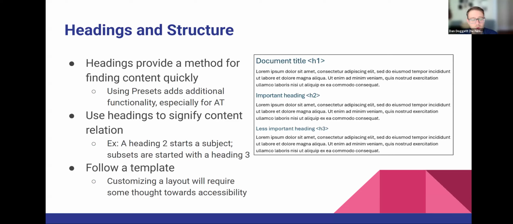It's just going to read the text as normal. So if you don't use the preset headers, screen reader users will not be able to navigate through that content. Generally speaking, we recommend following templates that are provided for you in your newsletter software. That will generally give you the best outcome.